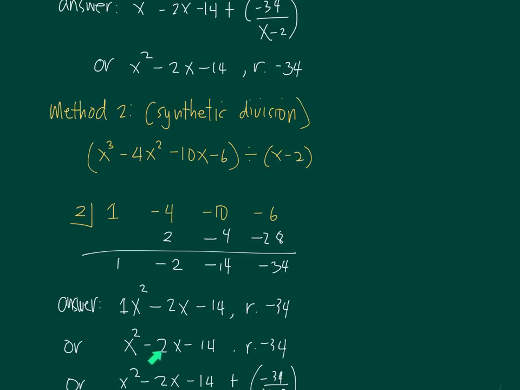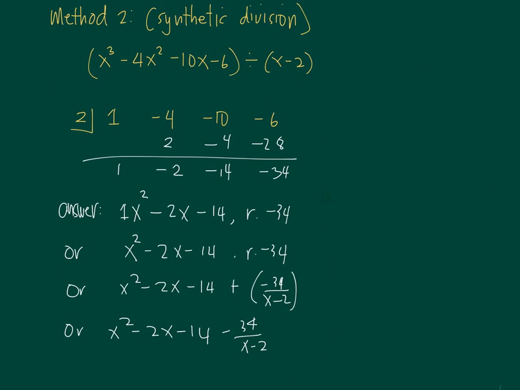So x squared minus 2x minus 14, remainder negative 34. Same thing, you can also use addition like here. If I want to write it this way, it should be the remainder, negative 34, over the divisor x minus 2. Plus and minus can be minus, so this should be 1 minus 34 over x minus 2. Okay.